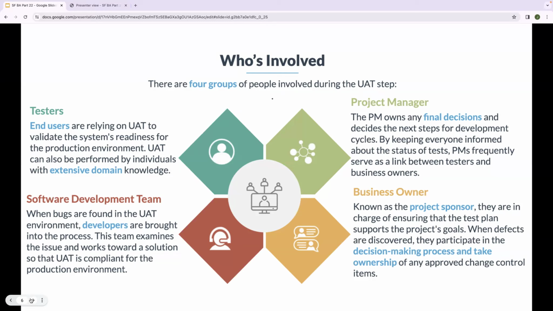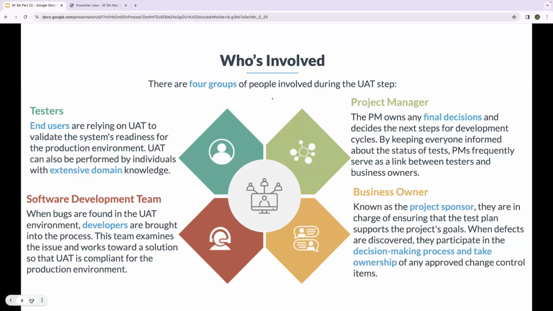This team examines the issue and works towards a solution so that UAT is compliant for the production environment. Project manager: the PM makes any final decisions and decides the next steps for the development cycle. By keeping everyone informed about the status of tests, PMs frequently serve as a link between testers and business owners.